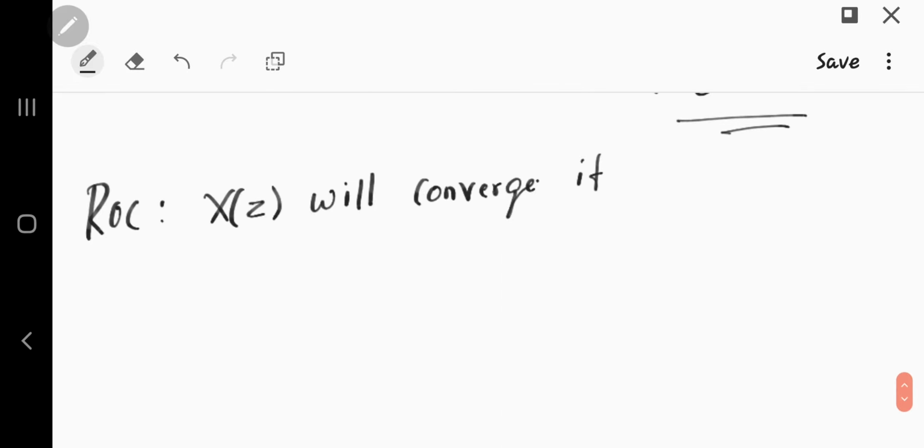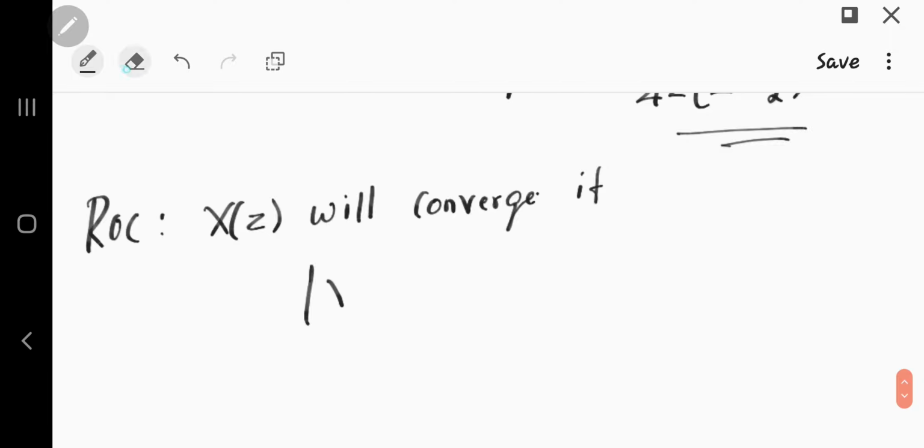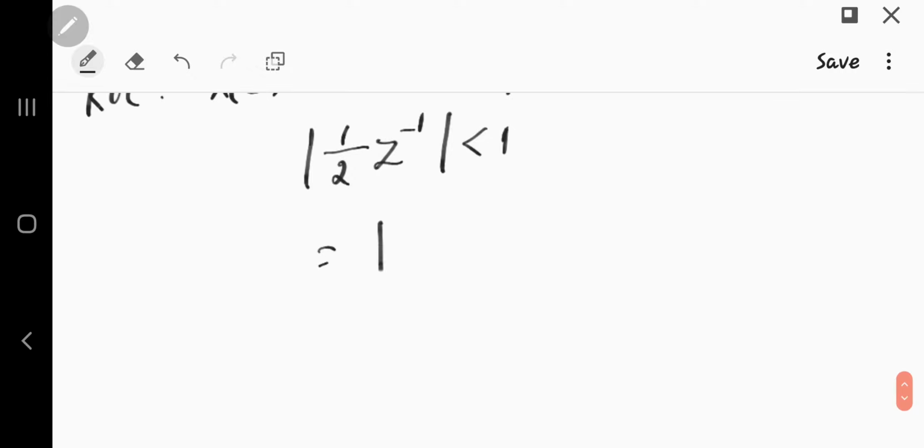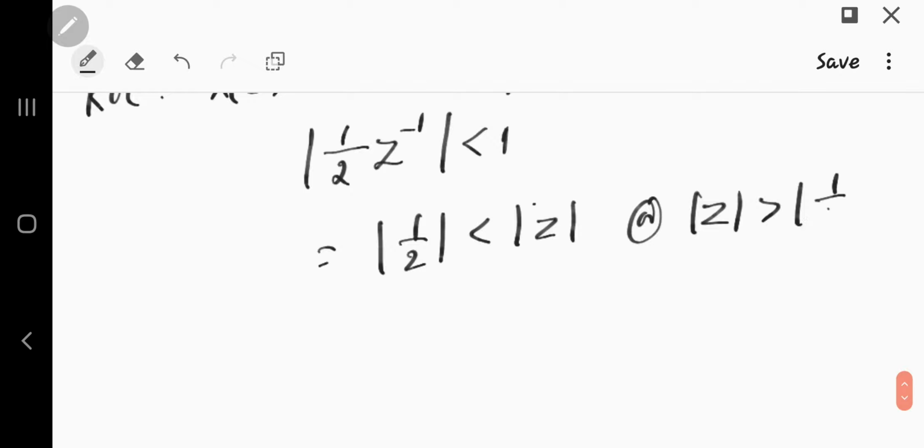If 1 by 2 z inverse is less than 1, so if you cross multiply this, you will get 1 by 2 less than mod z, or you can write it as mod z greater than 1 by 2. So, the ROC is located at mod z greater than 1 by 2.